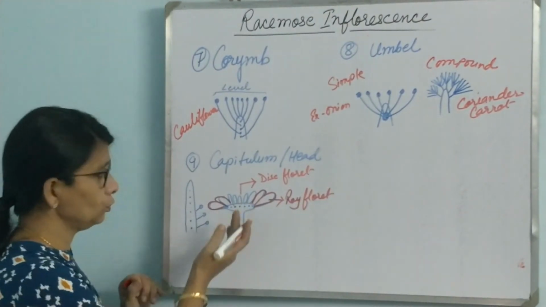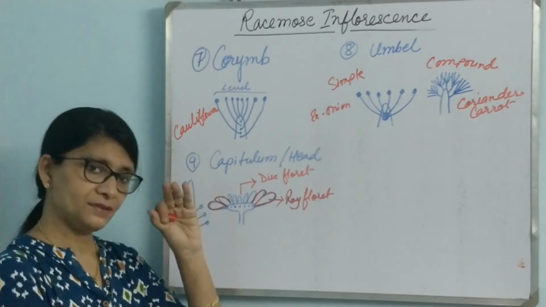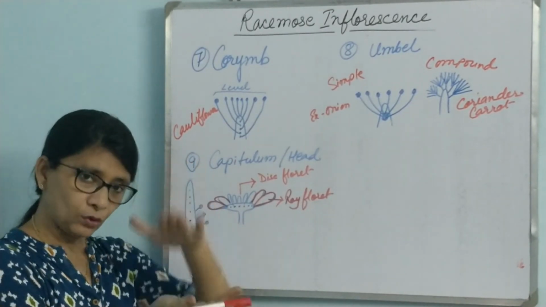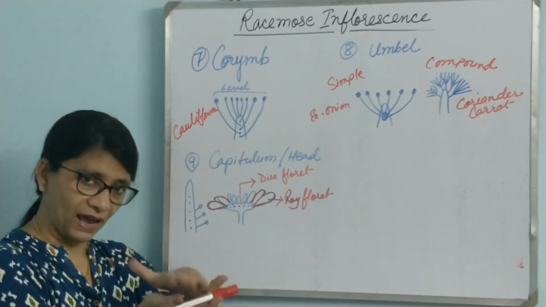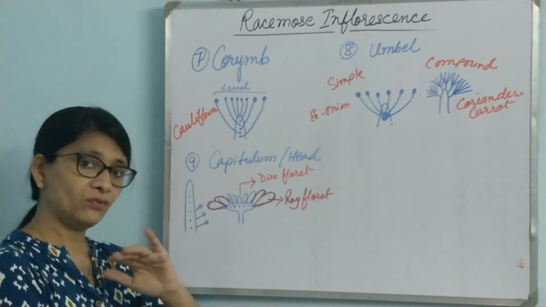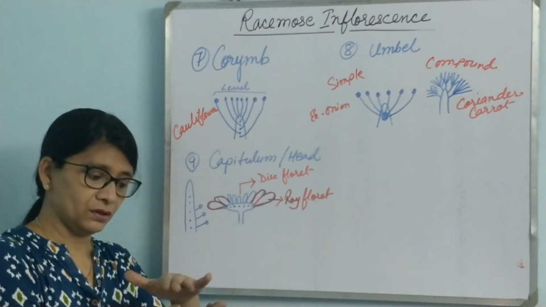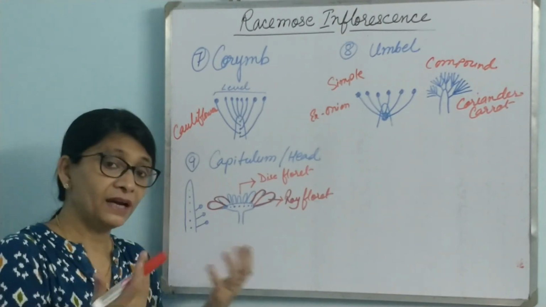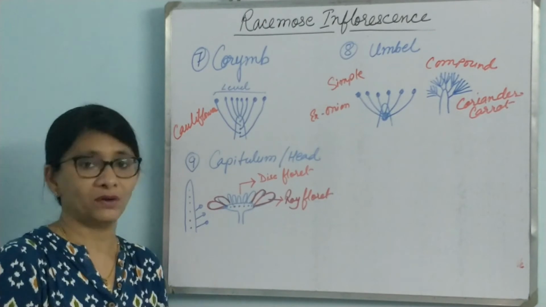So as of now, you know that capitulum is a racemose inflorescence where the peduncle is totally compressed into a flat rachis, and so the flowers are arranged on a flat surface, which though there are a number of flowers, look like one flower.